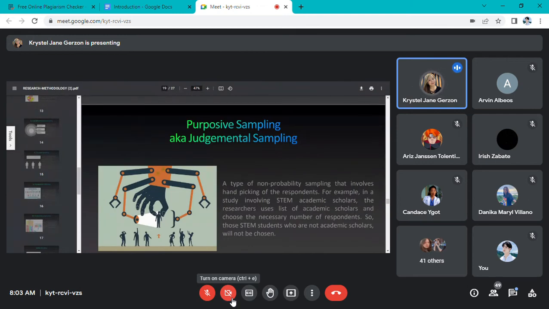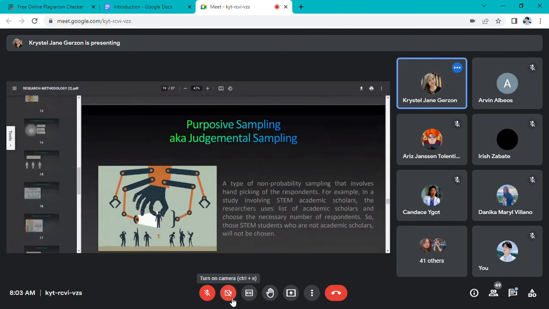For sure, birds with the same feathers flock together. They probably know people with the same characteristics, so you may ask them if they have a friend who, like them, plays at least 3 hours a day. So that is what we call snowball sampling.